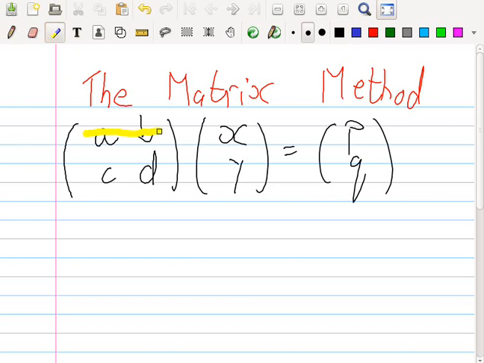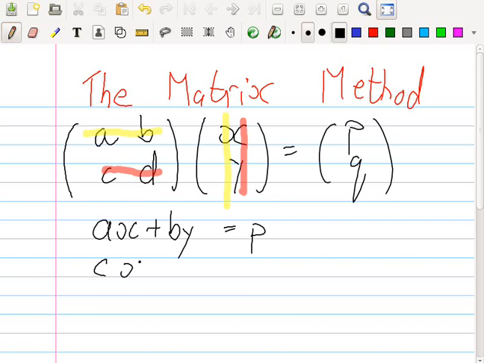So as you know, AB times XY, AX plus BY, equals P, and then next CX plus DY, that would be CX plus DY equals Q.